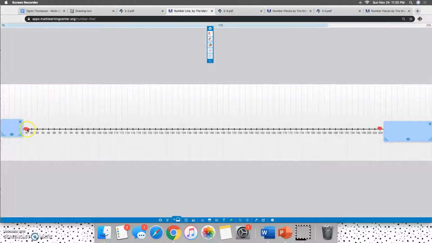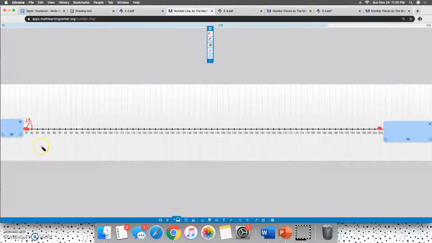Next, the student will start at 78, considering we are counting on, and they will notice by benchmarking 10 that 78 plus 2 is 80. Now, I'm using a number line where each tick mark represents 2, so 78 plus 2 is 80, and that's the next tick mark. So in between there would be 79 for reference.